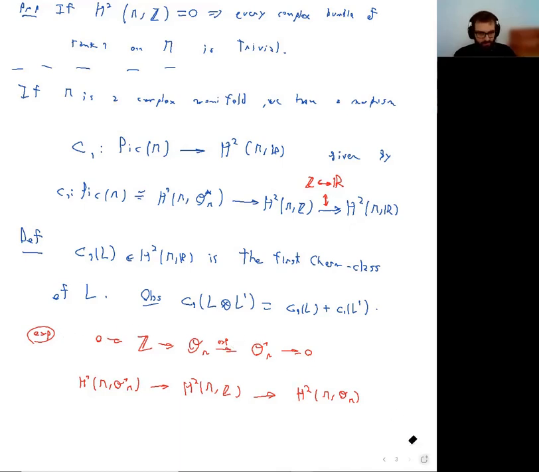Okay, let's just do it on the next page. So given a bundle, this first Chern class gives you just a two form. And it would be nice to know what this two form looks like in terms of the bundle.